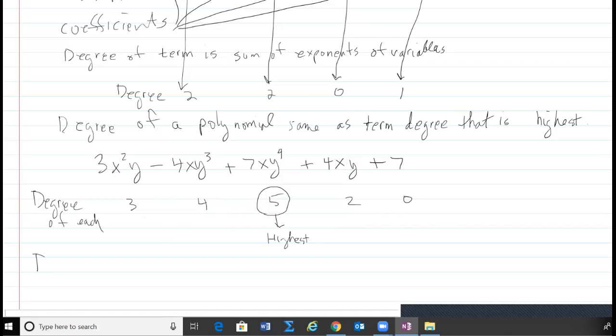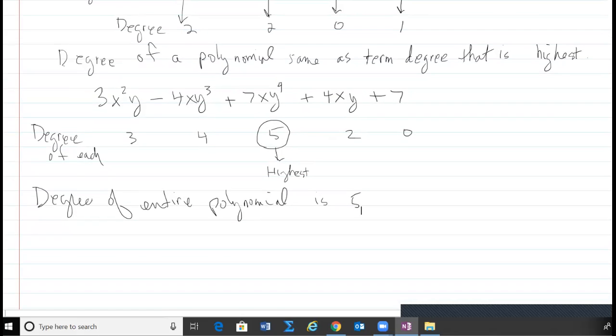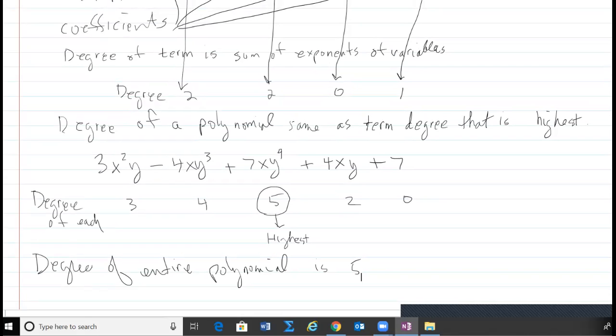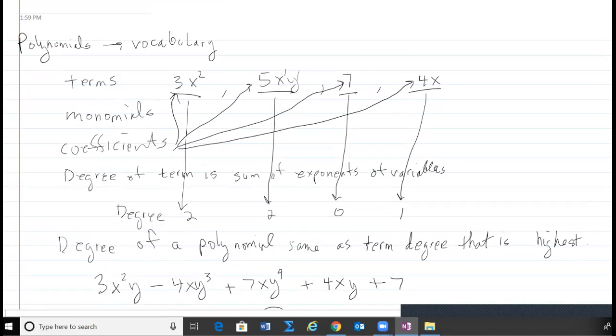The degree of the whole polynomial, the entire polynomial, is 5. Okay, so that's how we determine the degree of terms and the degree of the polynomial itself.